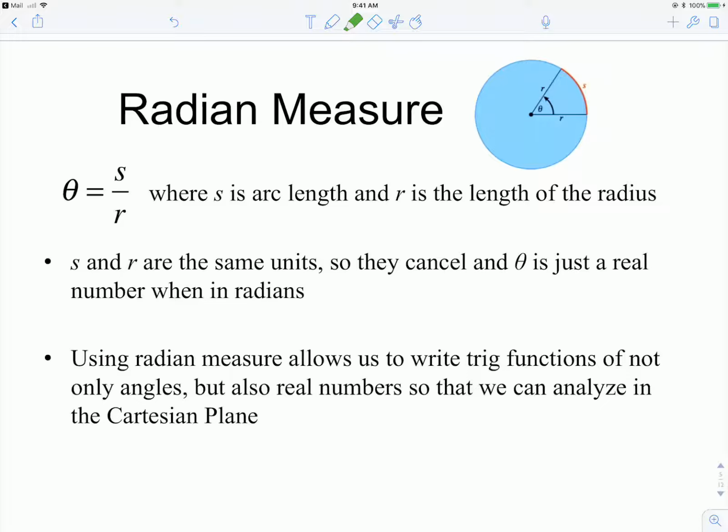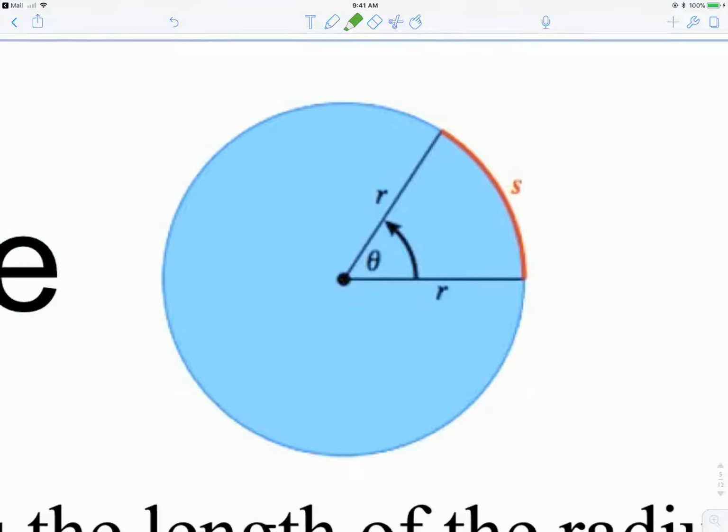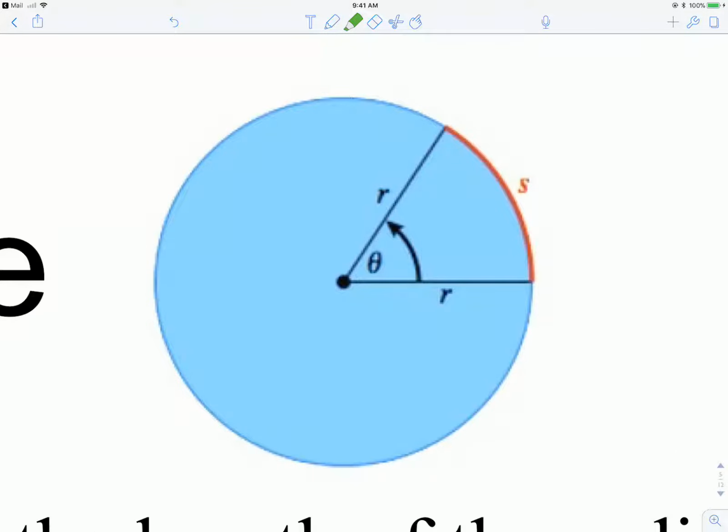And here's why. Let's look at this circle here. The circle has a radius of r, and it has an arc length that we're going to call s.